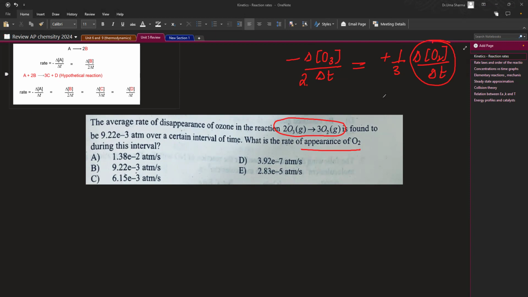So it means delta O2 over delta T is 3 over 2 times the rate of disappearance of O3. And that value is given, this one: 9.22 times 10 raised to power minus 3 molar per second. Solve it.